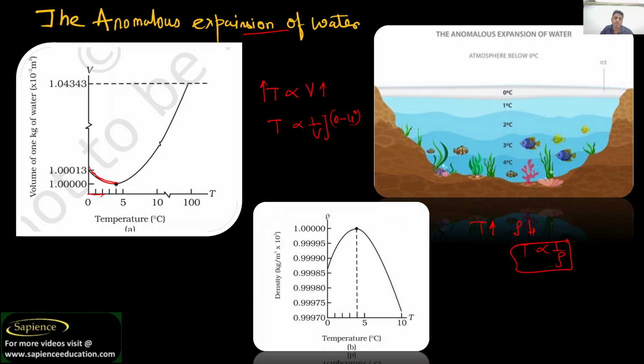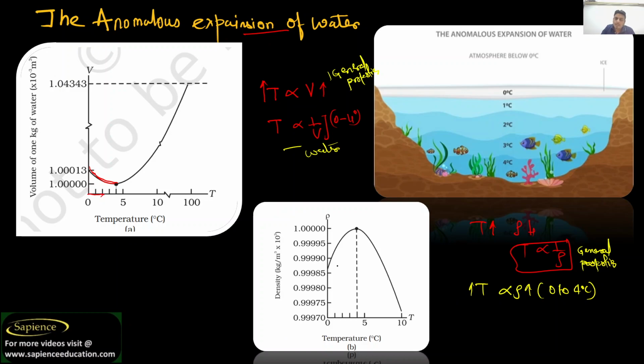But as soon as you talk about water, from the graph you can see that temperature is directly proportional to density. So if temperature increases, density increases from 0 to 4 degrees Celsius. So this is the peculiar behavior of water.